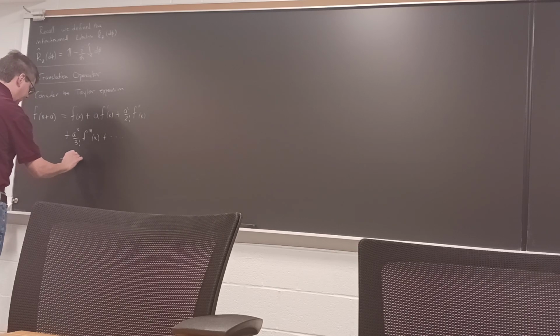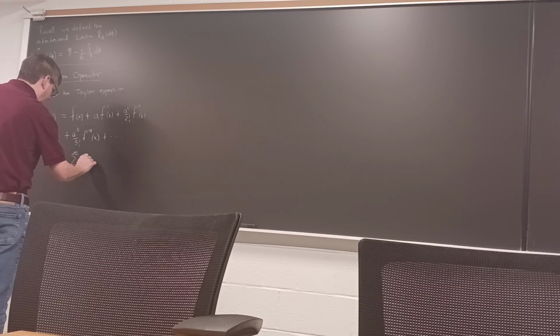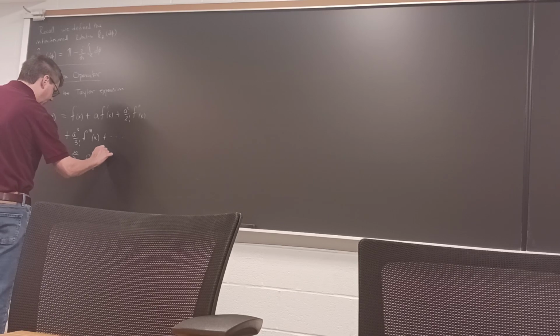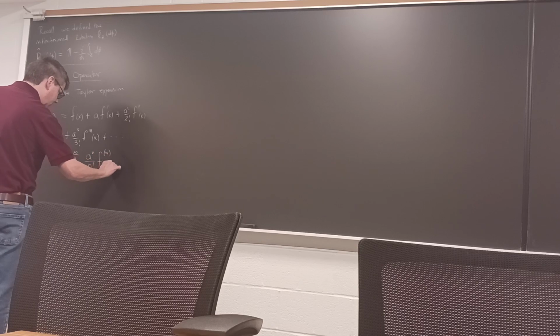So I can write this as the sum over n equals 0 to infinity of a to the n over n factorial, and then f superscript n of x, where this denotes the nth derivative of x.